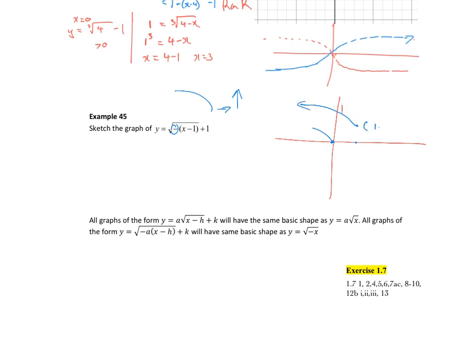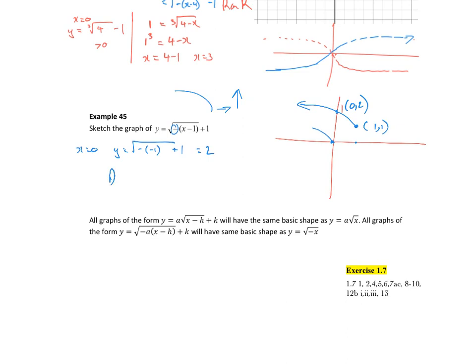We'll give that the point 1, 1. Let's find our y-intercept. Put x equal to 0. I get y is equal to the square root of negative 1 plus 1. So square root of 1 is 1, plus 1 is 2. So that's the point 0, 2, and 1, 1.